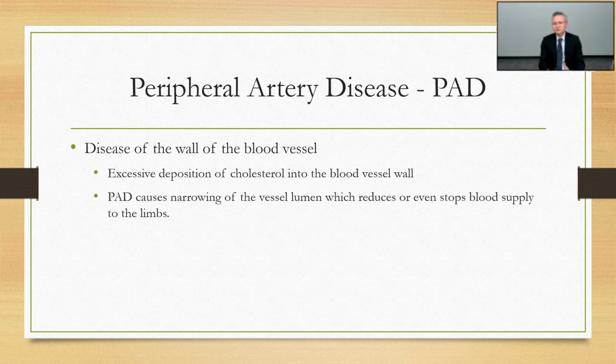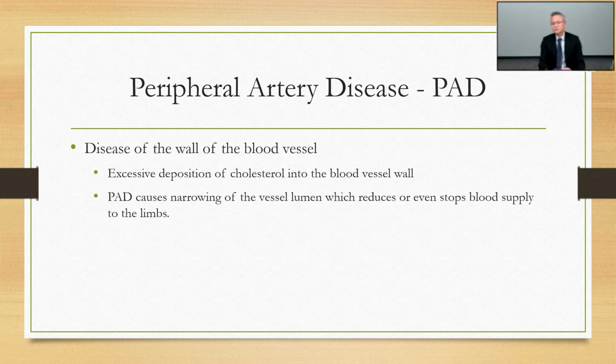Now, we're going to focus tonight mainly on the blood vessels supplying blood to your extremity, but the same disease process also occurs in other blood vessels in your body. For example, the blood vessels supplying blood to the heart can also suffer the same disease process.